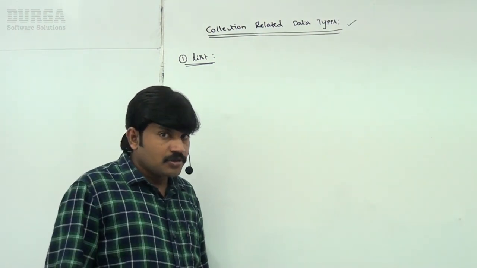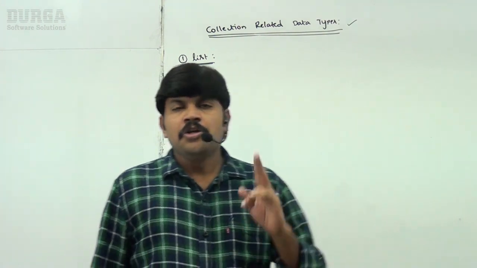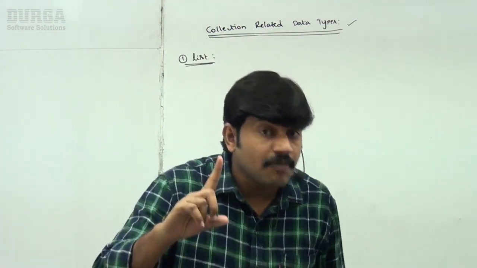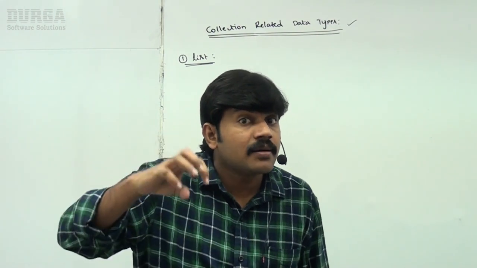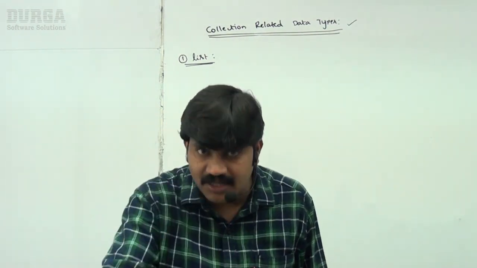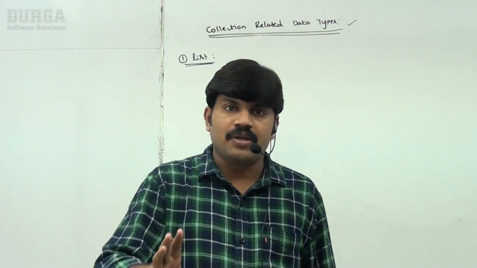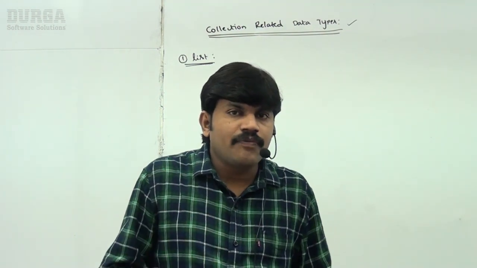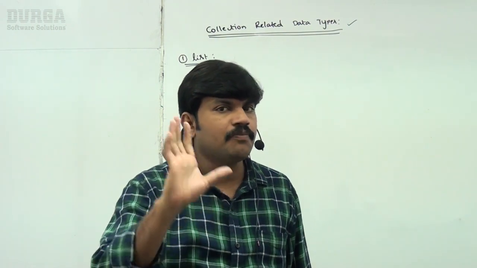Whenever I use the word list, immediately in your mind 2 points should be injected. The first point: order is important, insertion order preserved. Duplicates are allowed, duplicate objects no problem. Then we require to go for the list concept. Very important.